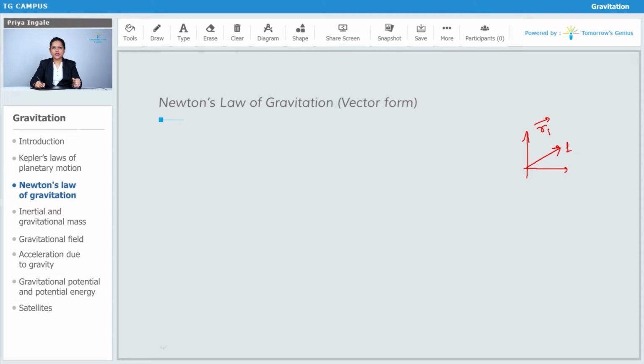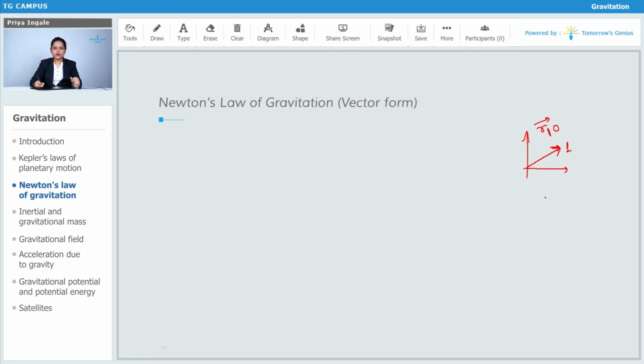So here I am first of all writing that point 1 and it is coming from the origin. I can write it as r1o, right? Even if I'm not writing o, it is understood that this position vector is referring to some frame of reference. So first of all we should note the point where that vector is going.